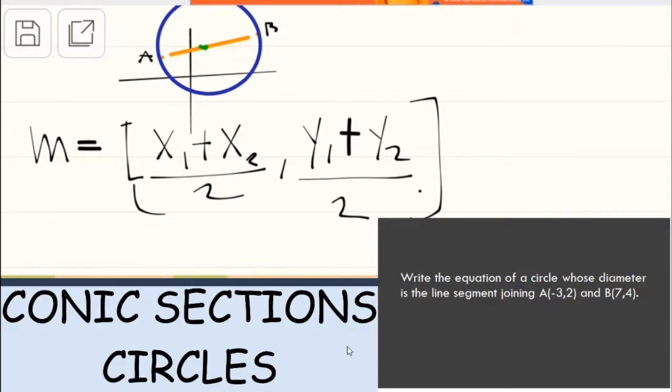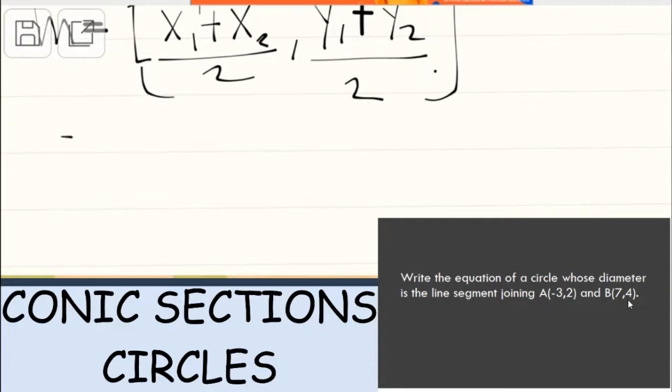So, ikaw na magsiset kung ano yung y sub 1 and y sub 2 or x sub 1, x sub 2. So, let's say, para mas madali, x sub 1 and y sub 1, x sub 2 and y sub 2.